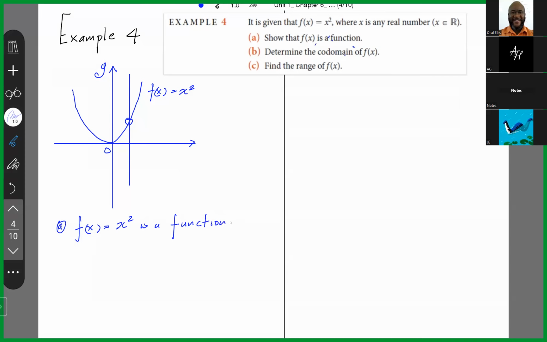And if you want to give an explanation, you could say every vertical line.